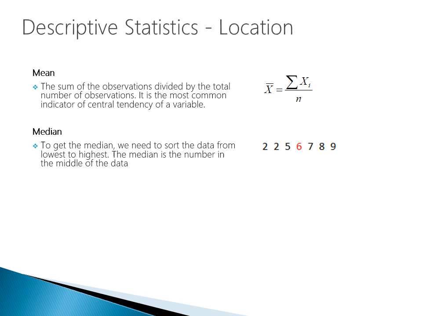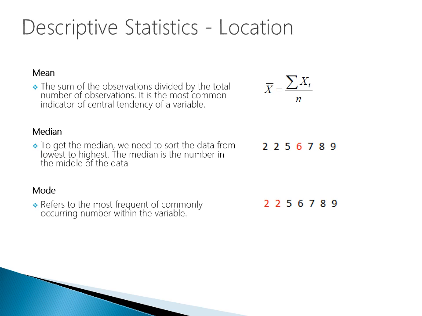The median: to derive the value of the median, we need to sort the data from lowest to highest or highest to lowest, depending on your preference, and then find the value of the number that sits in the middle of the data. This is called the median. The mode refers to the most frequent occurrence of a value within the variable. In our example, we see that the number 2 appears multiple times, and because it appears more times than the others, it's considered to be the mode.